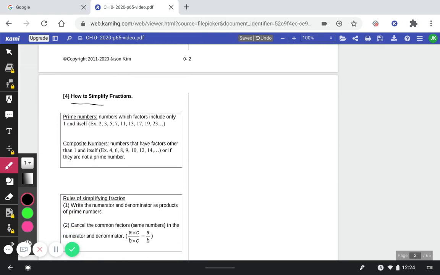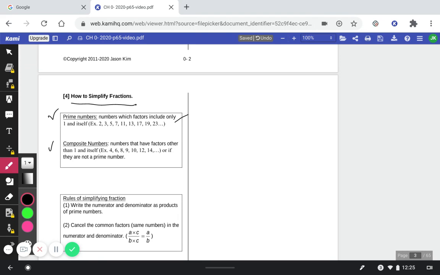Now, the next topic is how to simplify fractions. To simplify a fraction, you have to know other terminology called prime numbers and composite numbers. Prime numbers are numbers whose factors include only one and itself.